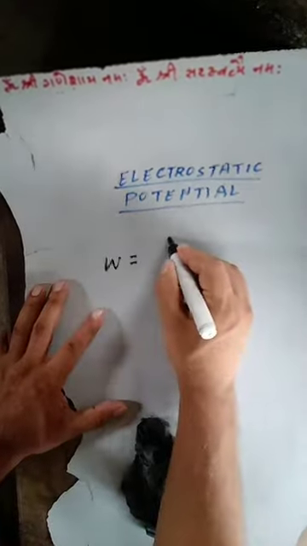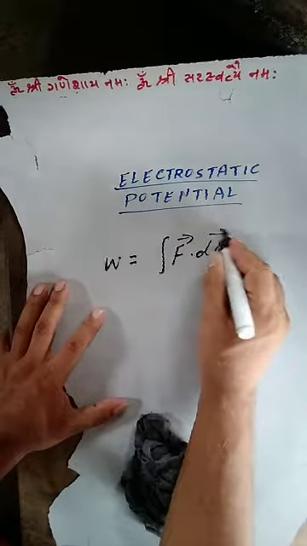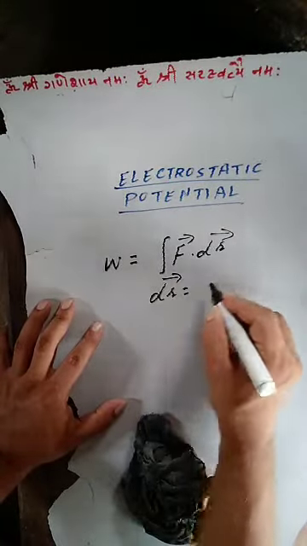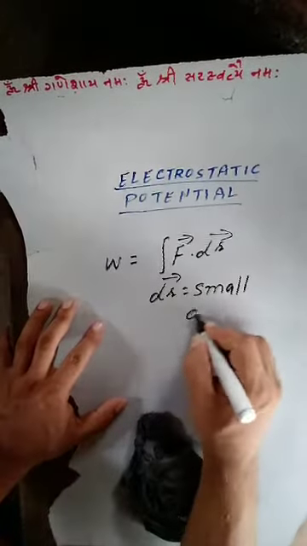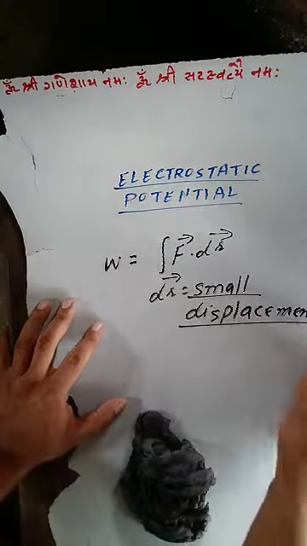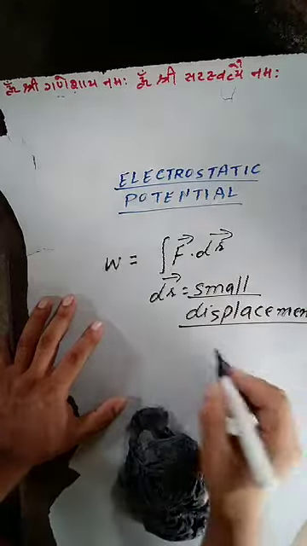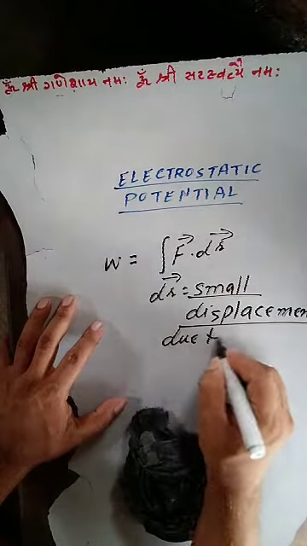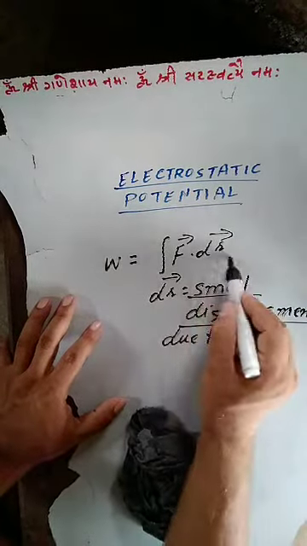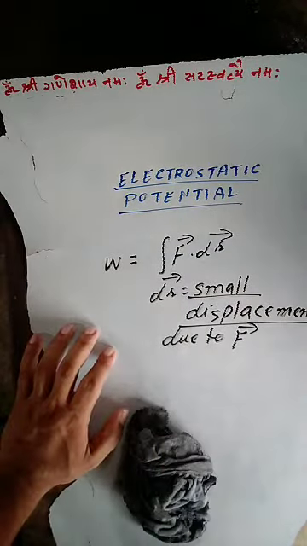So work done by a force is the integration of F dot dr, where dr is the small displacement vector due to F. If there is a force F and due to this force there occurs a small displacement dr, then this work done is the integration of F dot dr.